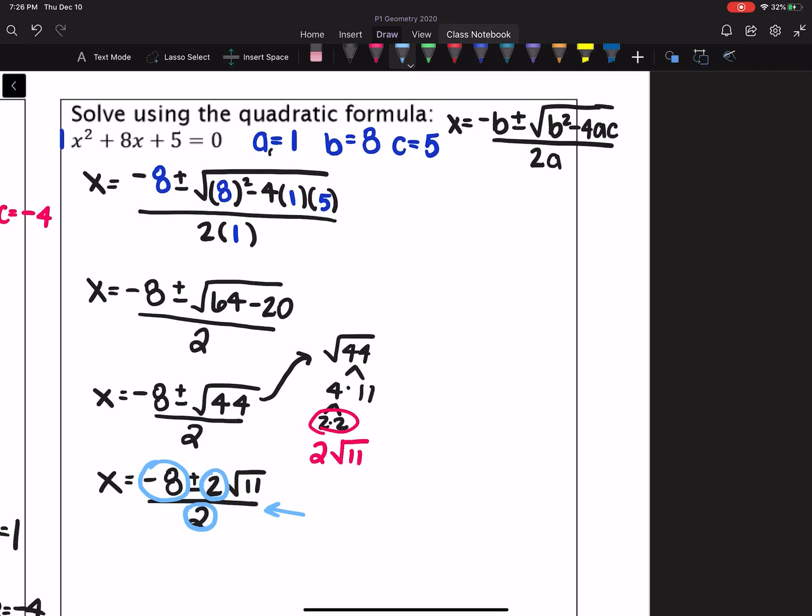So in this case, -8, 2, and 2 are all divisible by 2. So we can reduce this fraction by 2.